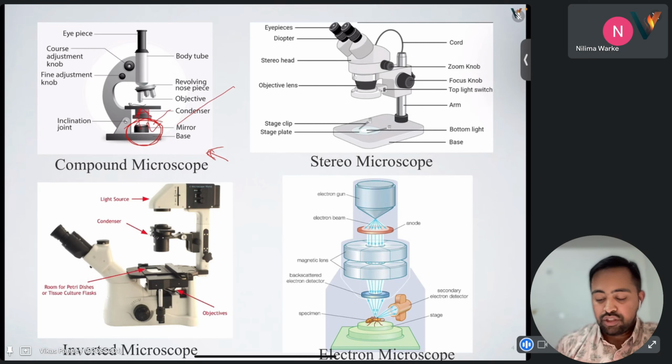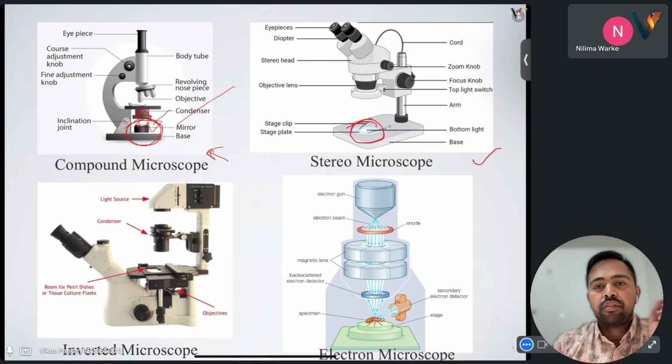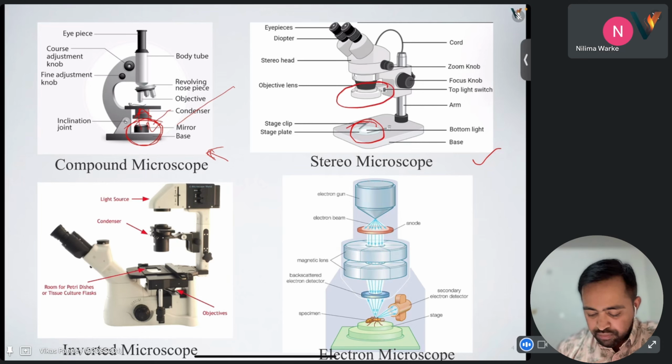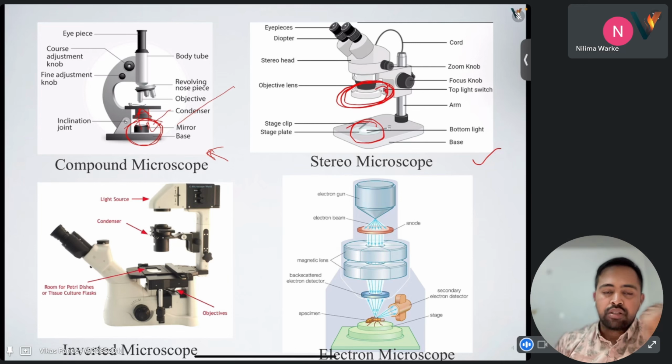Then we have the stereo microscope, which has a bottom light used to illuminate the sample, and sometimes a top light also. Here you see the knob and the switch. Then the inverted one, where the light goes like this and the image is seen from the other side.